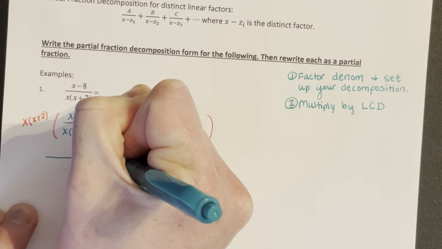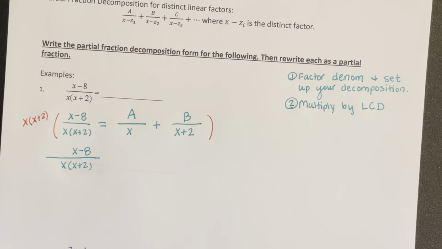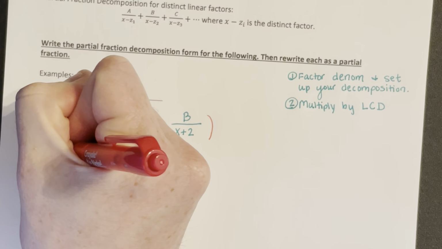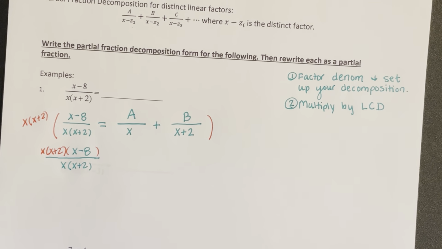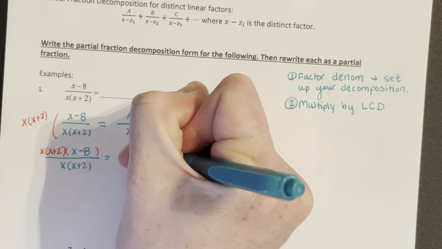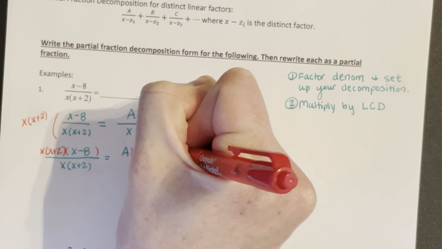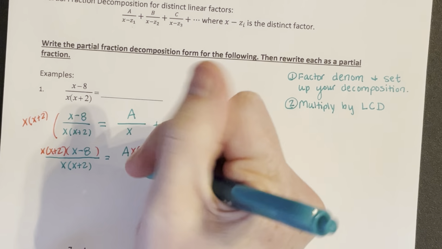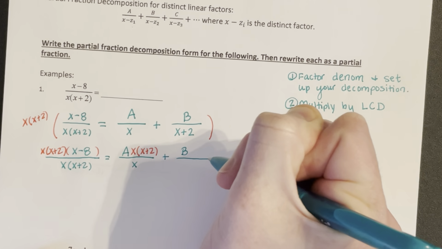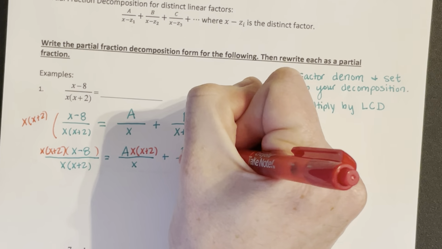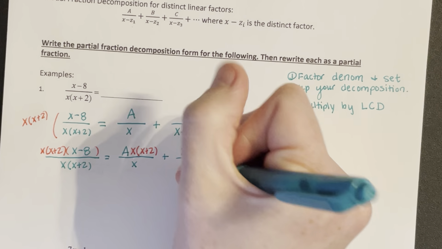We had x minus 8 over x times x plus 2. We are multiplying x times x plus 2 equals a times x plus 2, and it's already over x, plus b times x plus 2, and it's already over x plus 2.